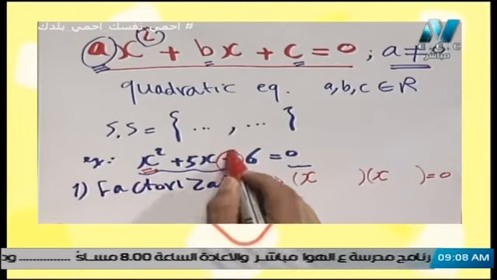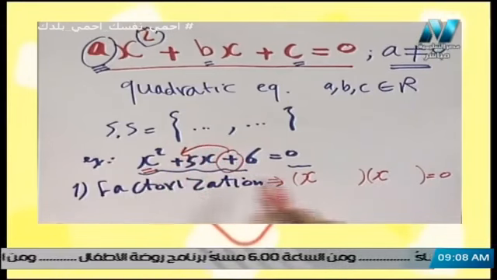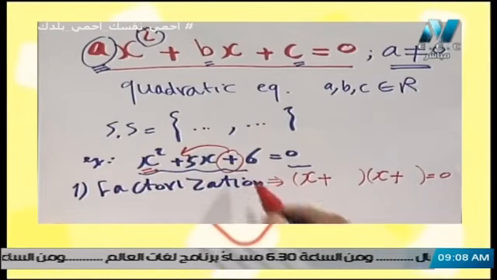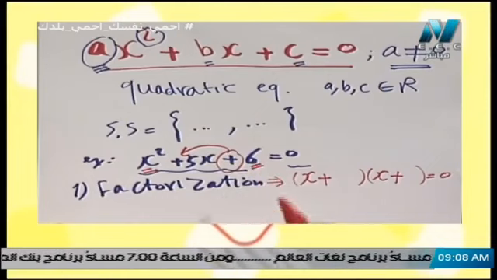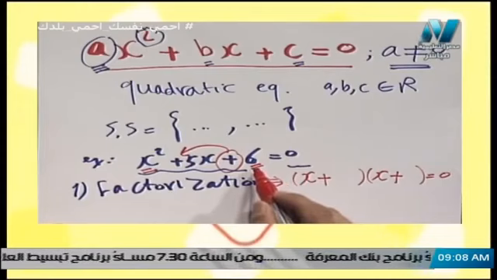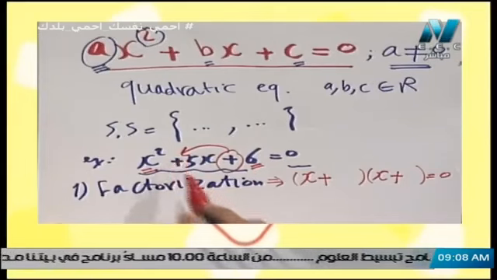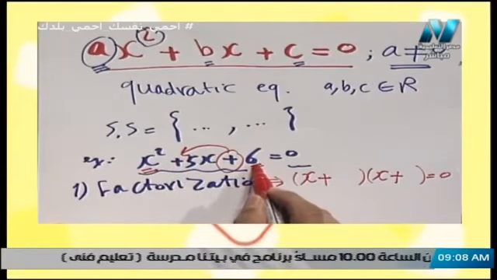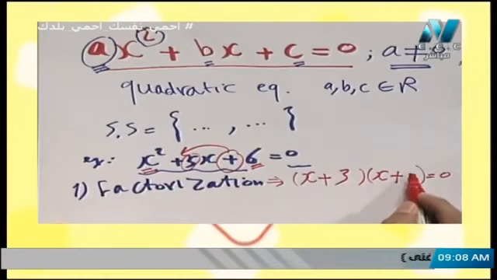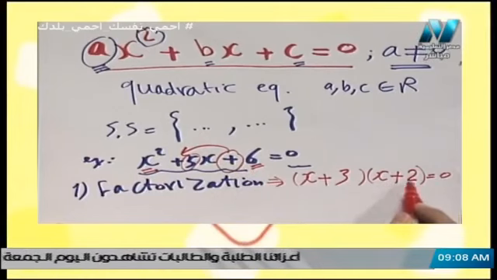But as the first sign here is positive, it will be positive and positive. 6 here we will factorize: 6 may be 6 multiplied by 1 or 3 multiplied by 2, and we search for two numbers whose product equals 6 and whose sum equals 5. They will be 3 and 2. So 3 multiplied by 2 equals 6 and their sum equals 5.